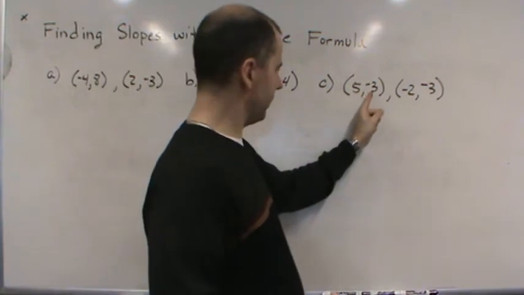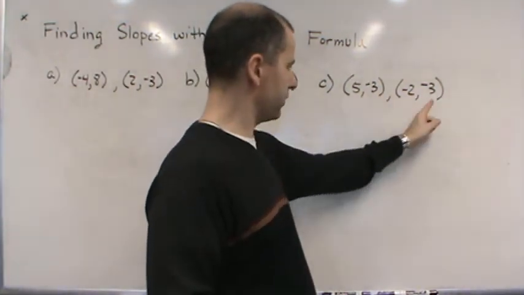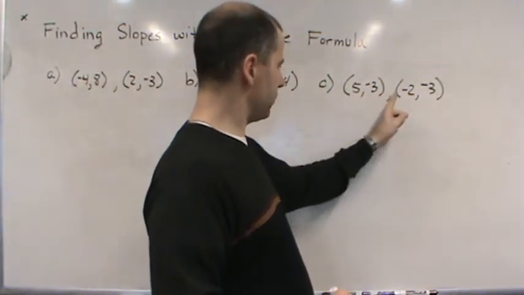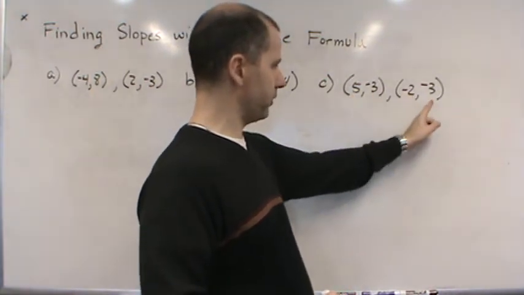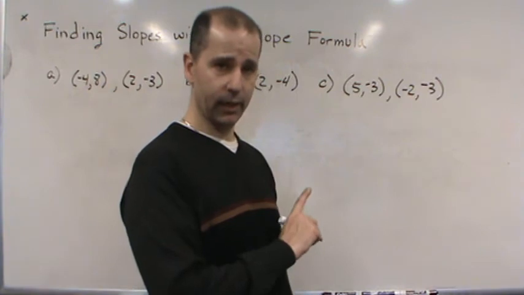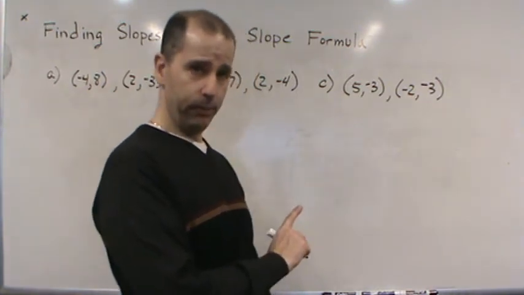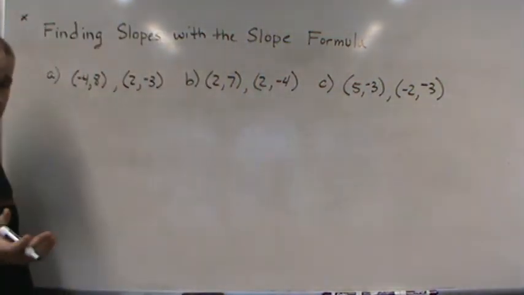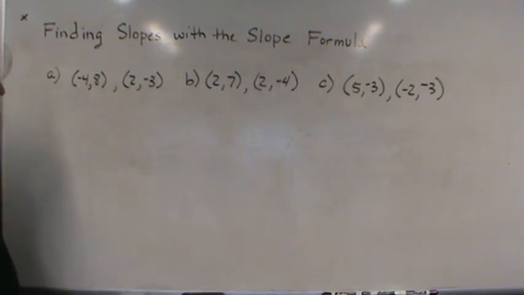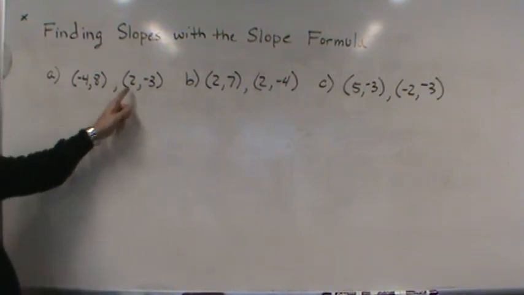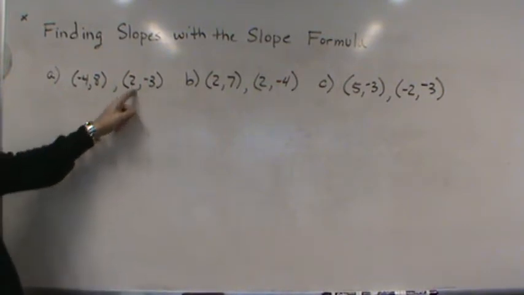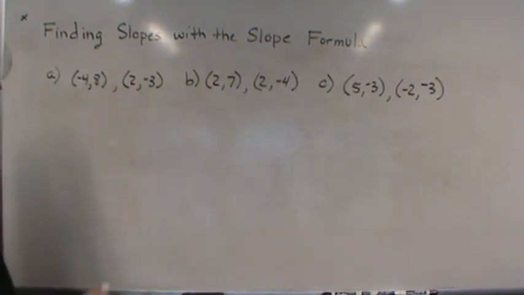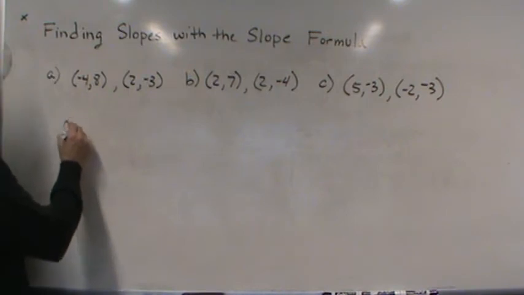Over here these two y coordinates are the same, and the x coordinates are different, so I know I'm going to end up with a slope of 0 for that one. But let's use the slope formula nonetheless. And of course this one is going to have a positive slope because neither the y coordinates nor the x coordinates are the same. So let's just apply the formula here.